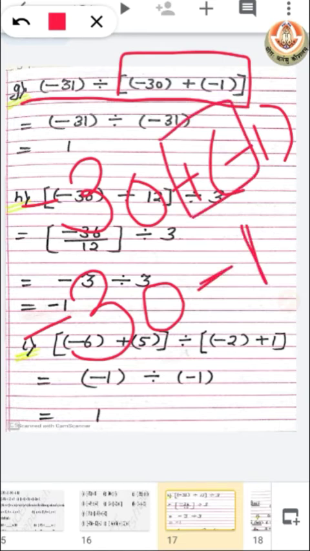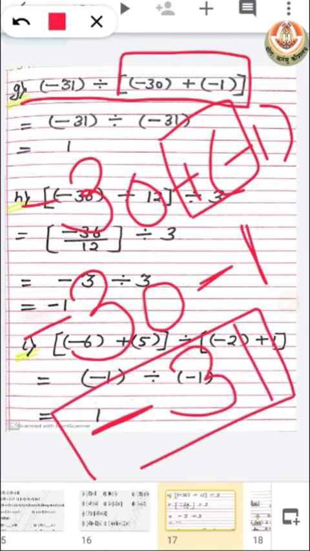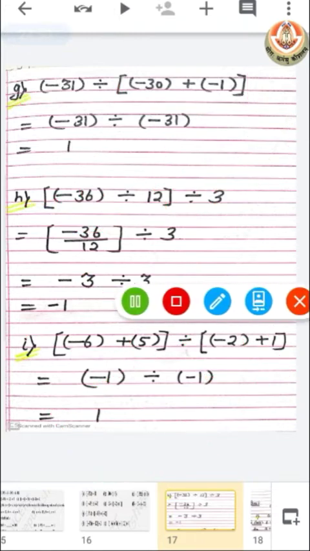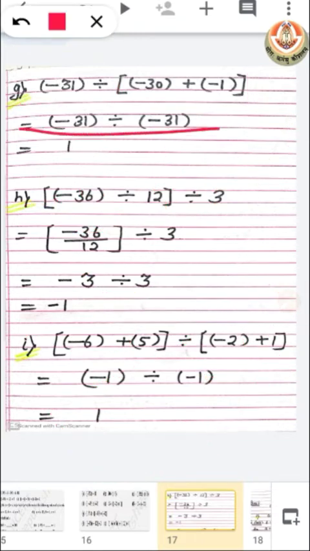Two negative integers will add and get the sign of minus. That means minus 31 divided by minus 31 will be 1.